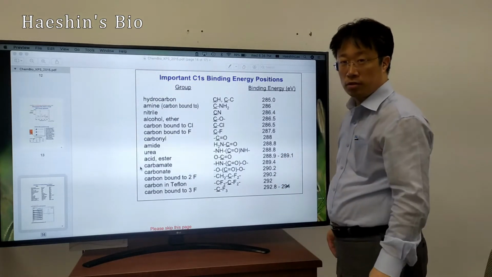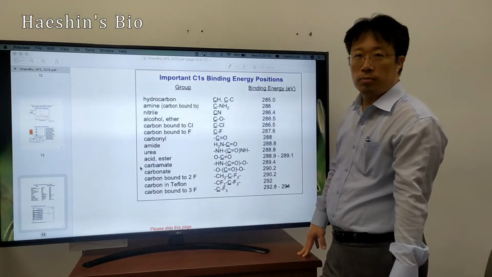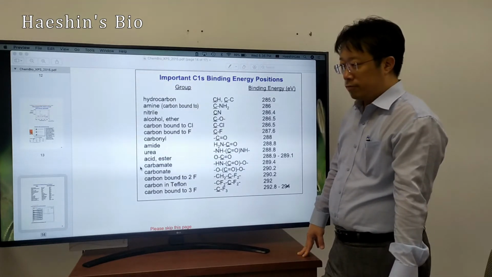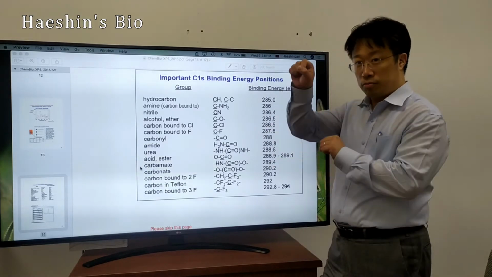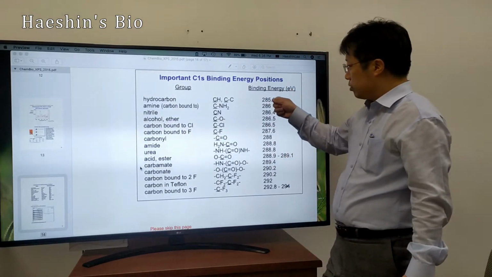So this is general, similar to what you think about in NMR. In proton NMR you have carbon and protons.